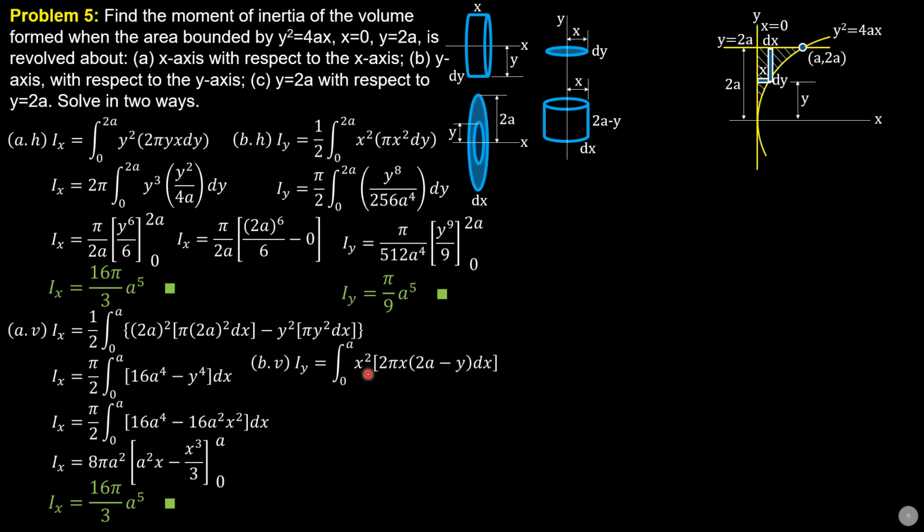The differential volume is 2 pi x times (2a minus y) dx. The other way is the differential area, (2a minus y) dx, that's the differential area, then the distance traveled by the centroid of that vertical strip is a circle of radius x, so 2 pi x.